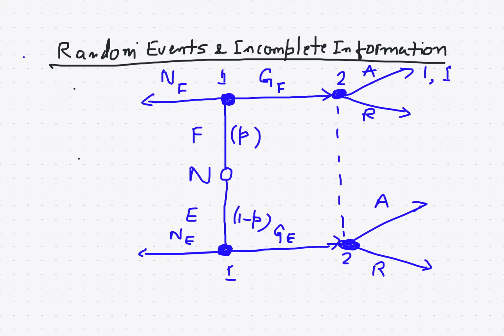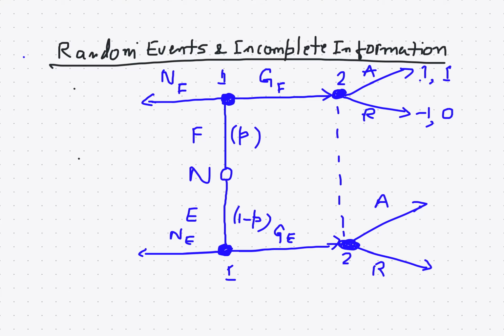A good gift could be wrapped jewelry, or a bad gift could be a wrapped rock. If player one gives a gift as a friend type and player two accepts, both get a payoff of 1. But if player two rejects the gift, then player one gets -1 and player two gets 0.